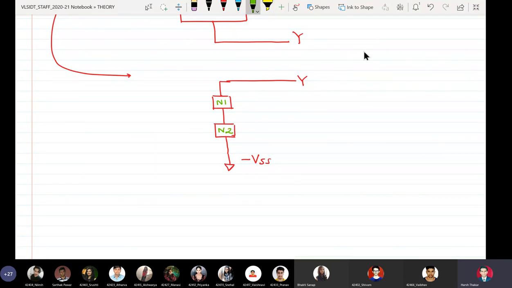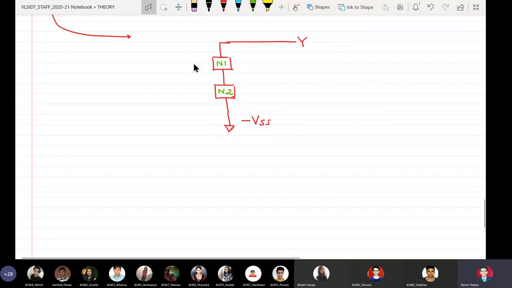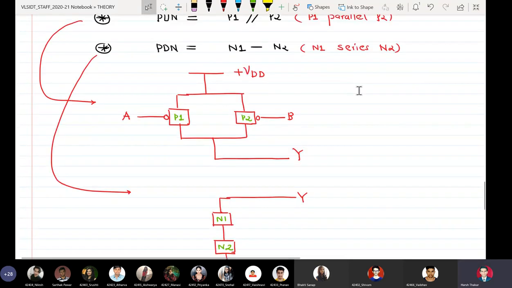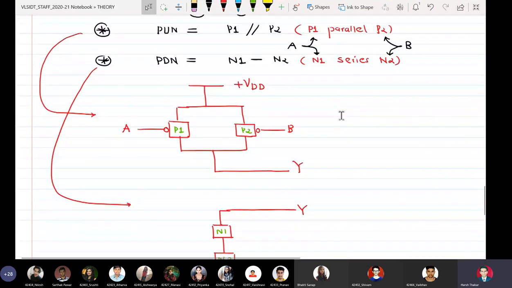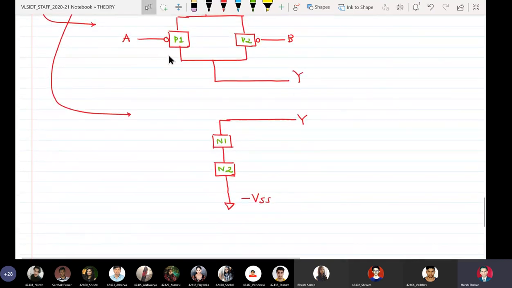Same as before, I apply A to N1 and B to N2. Please understand that the variable A is connected to both P1 and N1. Similarly, the variable B is connected to both P2 and N2. Whatever I apply to P1 must be applied to N1, and whatever I apply to P2 must be applied to N2. That is why A is applied to N1 and B to N2.